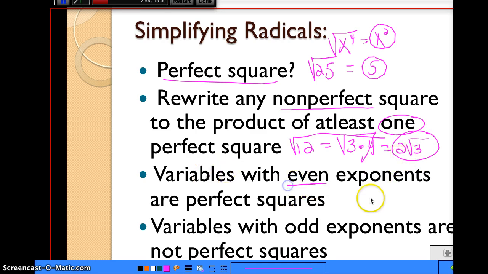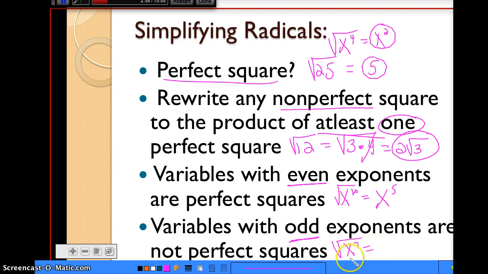Variables with even exponents, like the square root of x to the 10th, is half of it, so it's x to the 5th. So anytime you have an even exponent, it's a perfect square. If it's an odd exponent, for example, x to the 7th, that's odd. That's not a perfect square. So therefore you have to break it down, simplify it. The most number of even x's I can get out of that would be 6 of them.